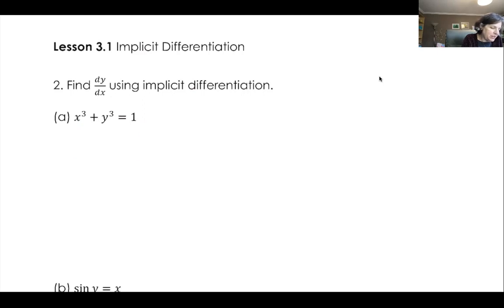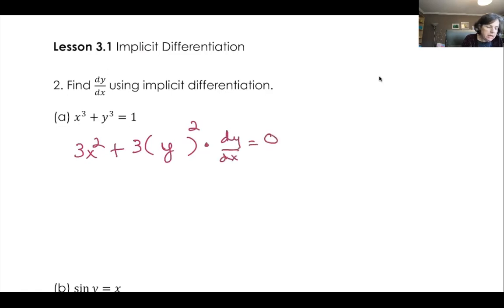X is not a function of x, it is the variable we're taking the derivative with respect to. So its derivative is just 3x squared. All right, y to the third power, we think goobly to the third power. And how do you take the derivative of something to the third power? It's 3 times that goobly squared. The goobly is just y times the derivative of my goobly, so times dy/dx.